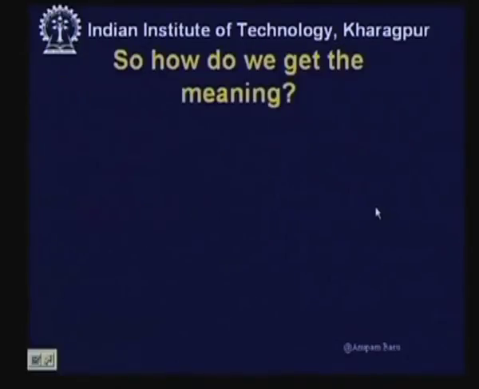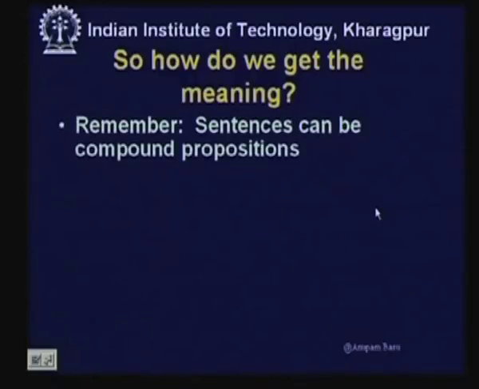So, how do you get the meaning ultimately? Now, please remember that sentences can be compound propositions. We have seen that P is a sentence, Q is a sentence. Now, we can connect them in different ways and thereby we can get different compound statements, right.